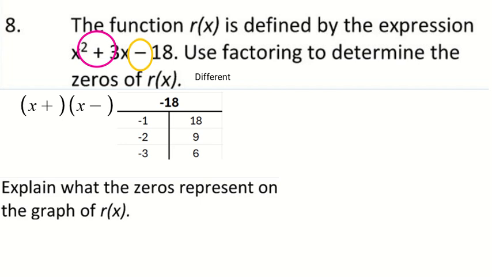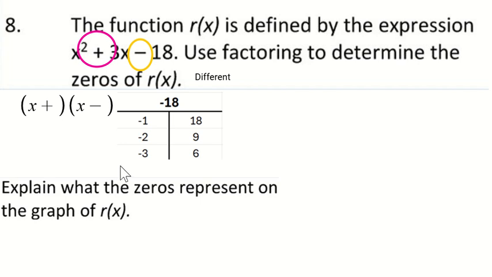So, we know what we want is, right, these multiplied to get negative 18, but we also want them to sum up, that is add to 3, right? So negative 1 plus 18, that's 17, right? Negative 2 plus 9, that's 7.